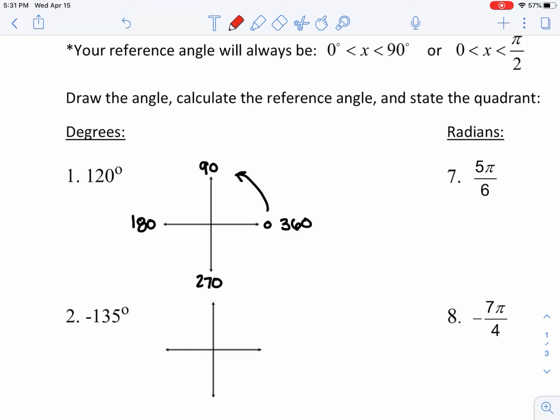So where would 120 lie in there? Is it about halfway? Is it a little closer to the 90? Is it a little closer to the 180? What do we think? You should get something like this.